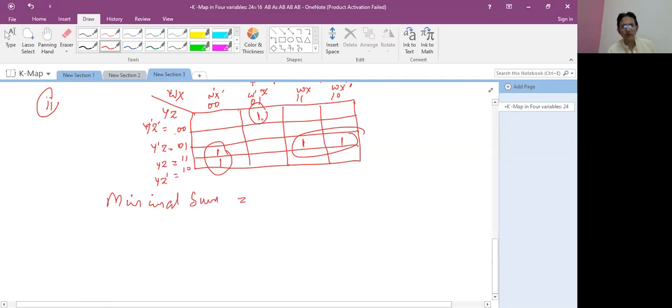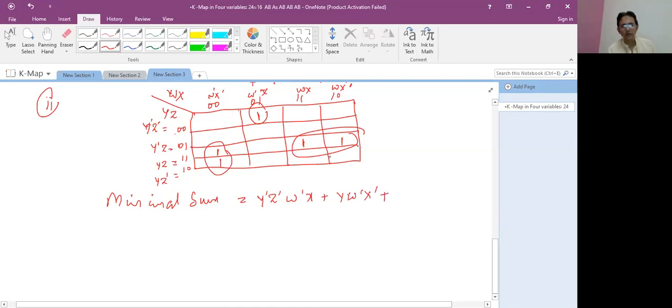Which is equal to, when we consider these two columns, it is Y complemented Z, W complemented X, plus sign. When we consider this column, it is now vertical, W complement X, and in both columns it is Y. So we write Y first, Y common in both in this loop, and W complement and X complement as it is.